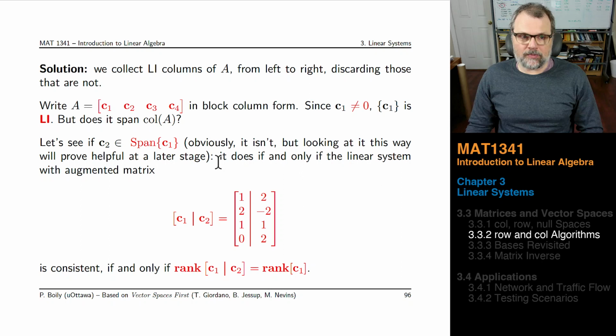It will be in the span of C1 if and only if, when you look at the linear system with augmented matrix C1, vertical bar C2, that as a system is consistent. And that's going to be true if and only if the rank of C1 augmented C2 is exactly the same thing as the rank of C1.